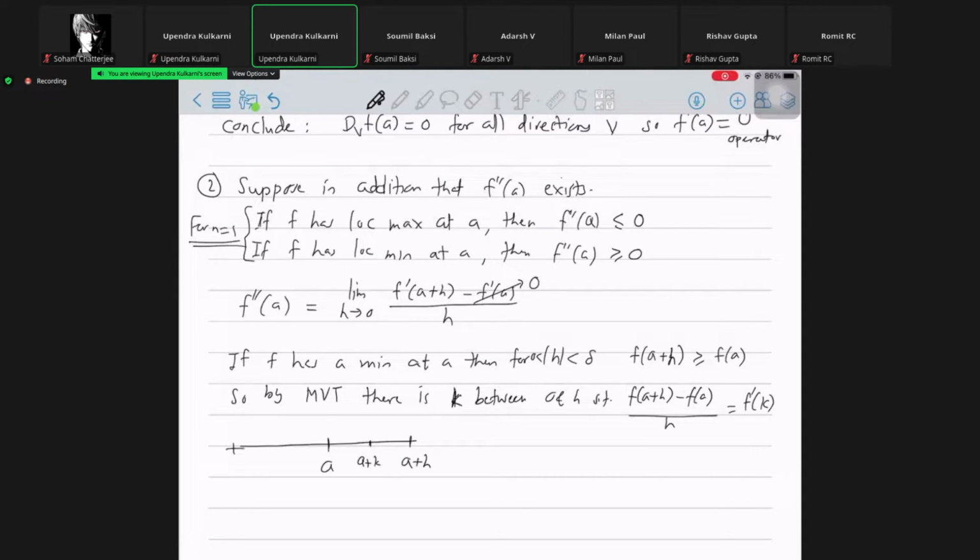And here is another case where a plus h, and I get the corresponding a plus k. So what do I get? Here we must get f prime of a plus k. I should just have taken small a to be 0 to simplify matters. So here f prime of a plus k, what must be the sign?